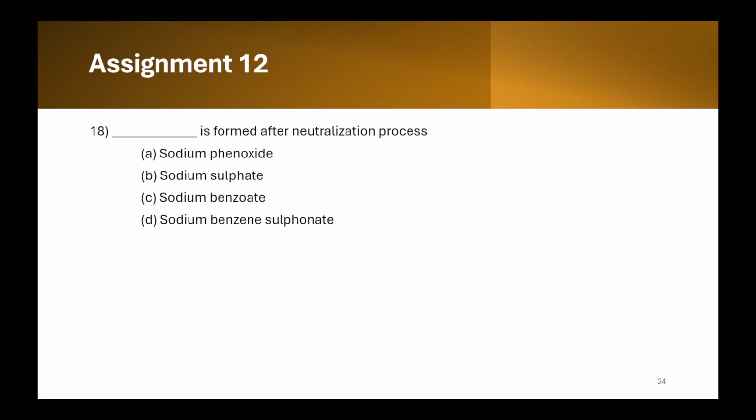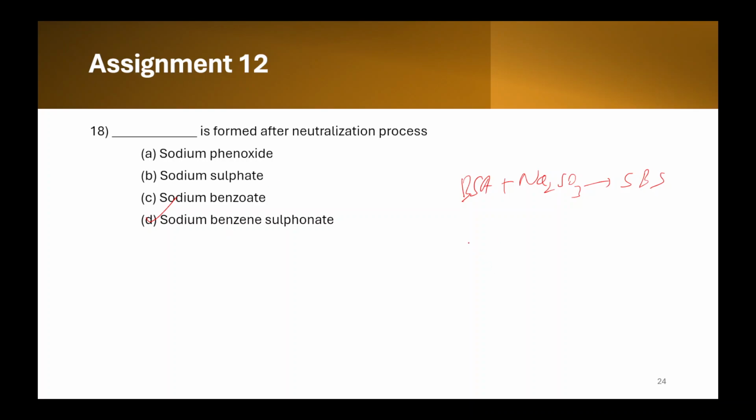Next question, dash is formed after the neutralization process. We discussed just in the previous slide that the neutralization process is basically benzene sulfonic acid plus Na2SO3, which gives us sodium benzene sulfonate. So this is the correct answer here. Please don't get confused between sodium benzoate and sodium benzene sulfonate.